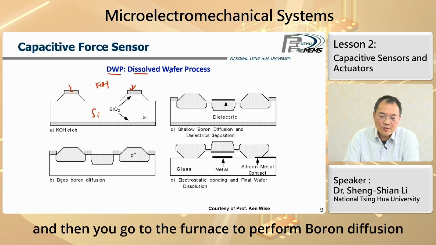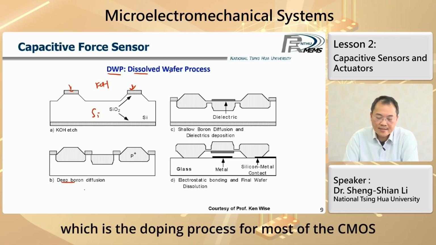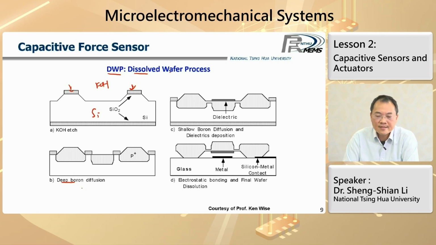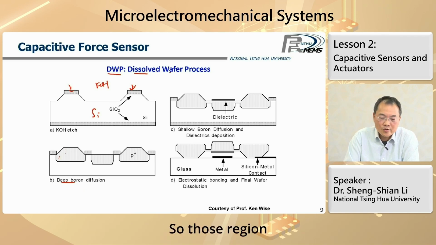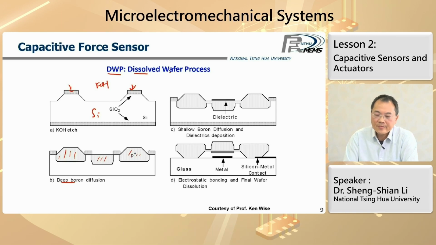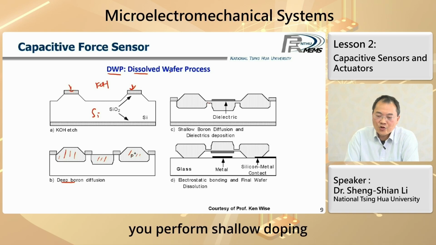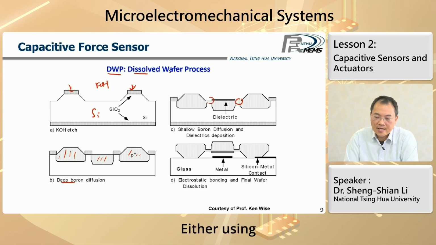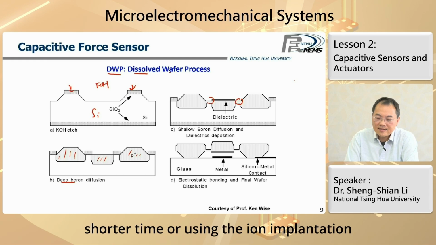And then you go to the furnace to perform boron diffusion, which is the doping process for most of the CMOS fabrication process. So those regions will be heavily doped. They have a lot of boron inside. Then the third step, you perform shallow doping, either using a shorter time or using ion implantation.